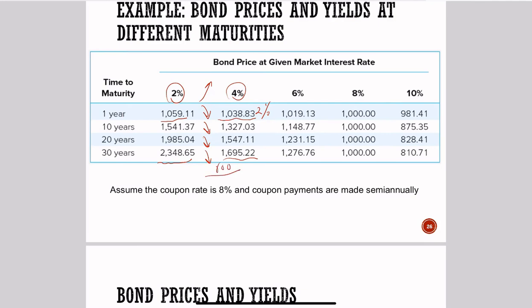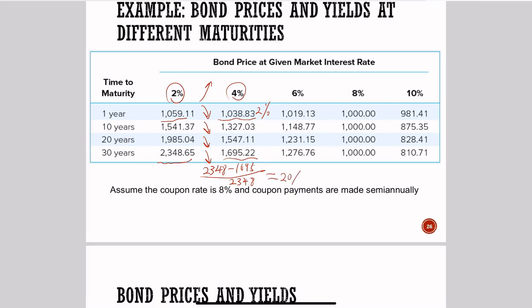So the original price minus the new price divided by the original price. I think it's about potentially 25%.